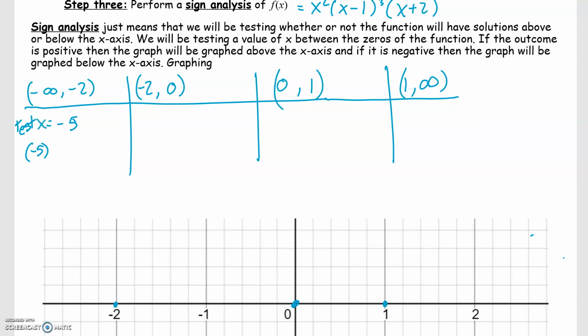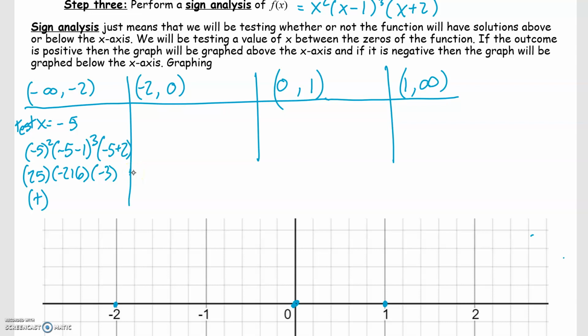It's going to be -5 squared times (-5 minus 1) cubed times (-5 plus 2). -5 squared is going to end up being positive 25, so that's going to be a positive value. -5 minus 1 is going to be -6, and then -6 cubed is going to give us -216. And then -5 plus 2 is going to give us -3.